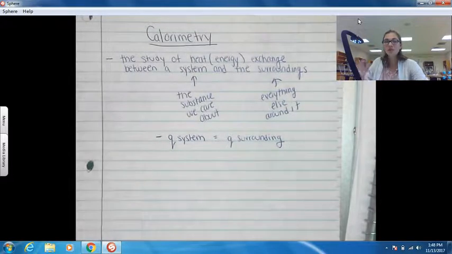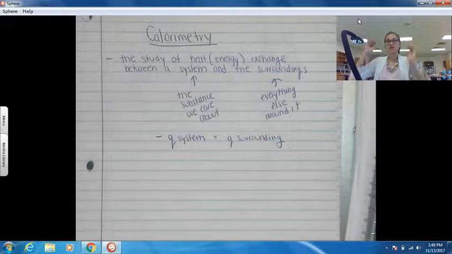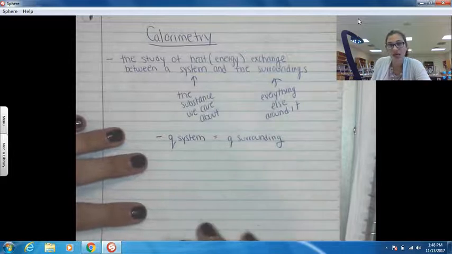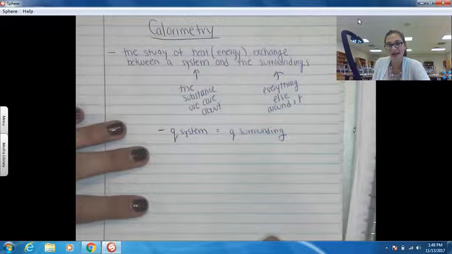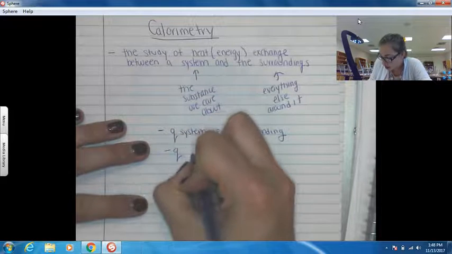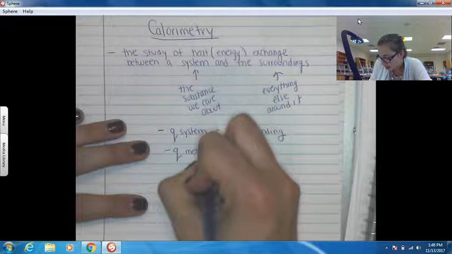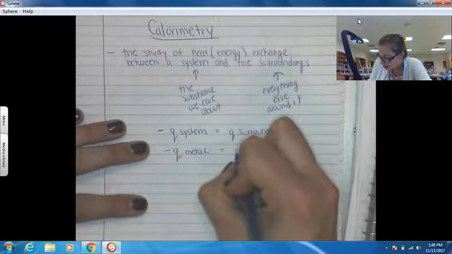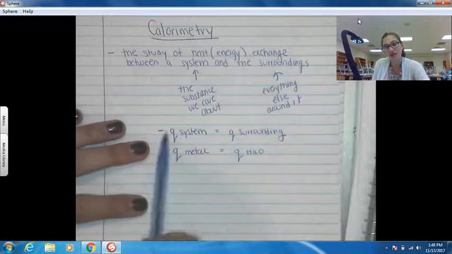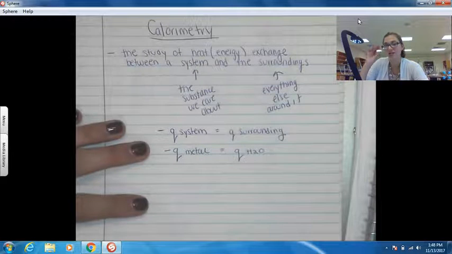So something that we're going to focus on is water and a metal. For the purposes of this example problem, we're going to say that all of the heat lost by our metal has to be gained by our water. So all the heat lost by the metal is gained by our water.